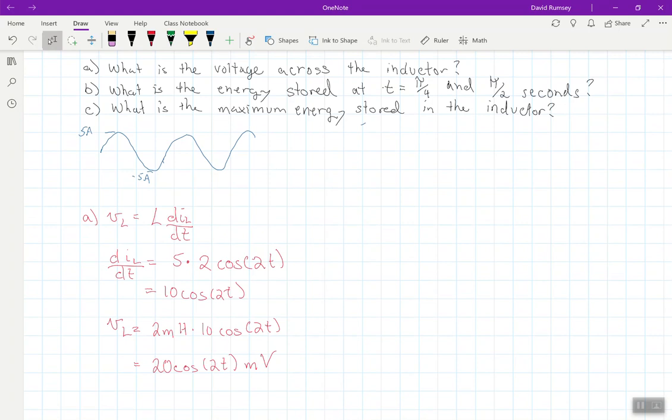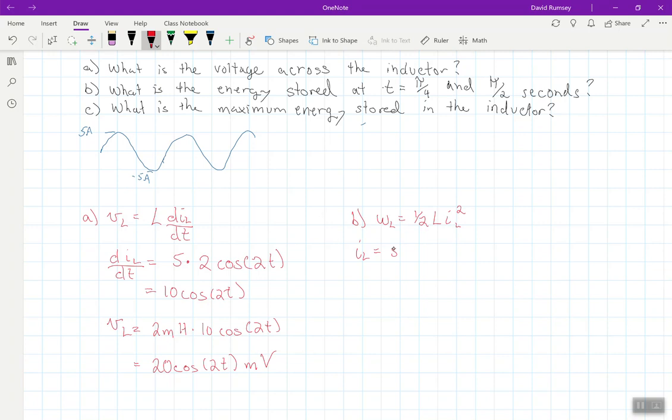All right, now part B, I'm just going to write it off to the side here, is asking what is the energy stored at t equals pi over 4 and pi over 2 seconds? Well, let's write our equation for energy down. We know that this is 1/2 L times the current squared. Now it's saying at 2 different times here, because our current isn't constant.